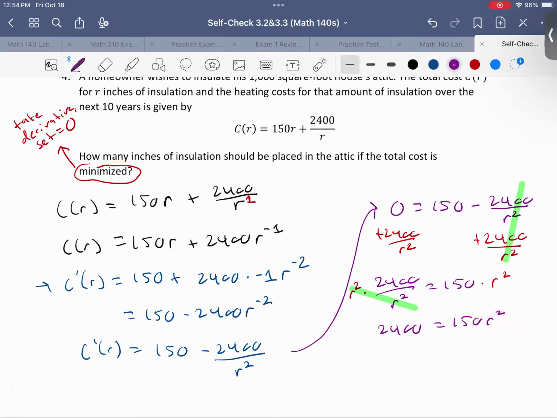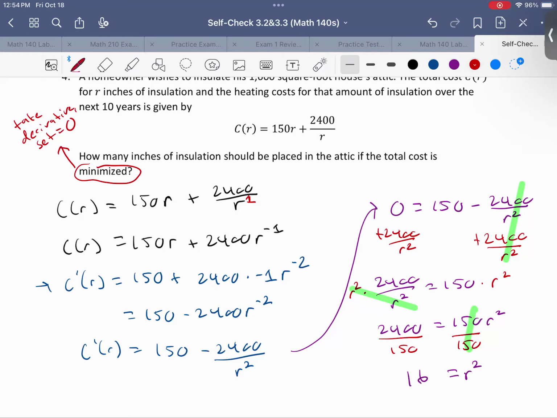So I'm going to divide both sides by 150. That cancels out. And then 2,400 divided by 150 is going to be 16.